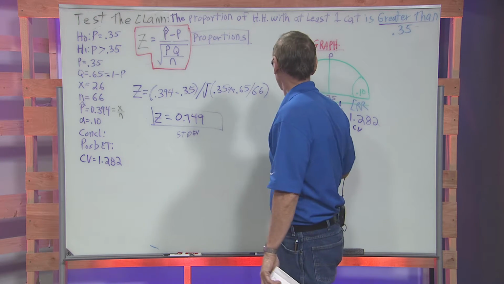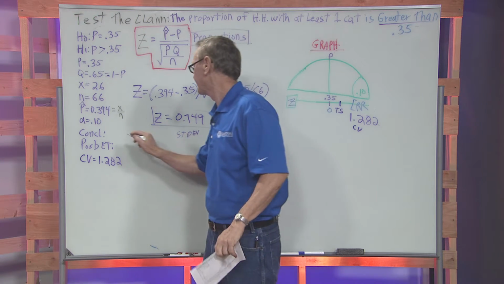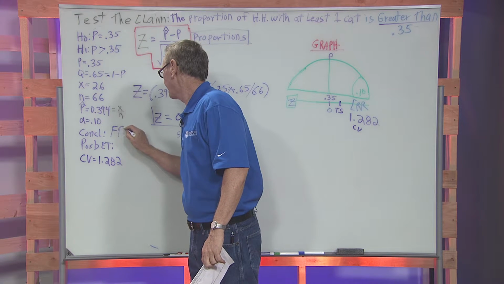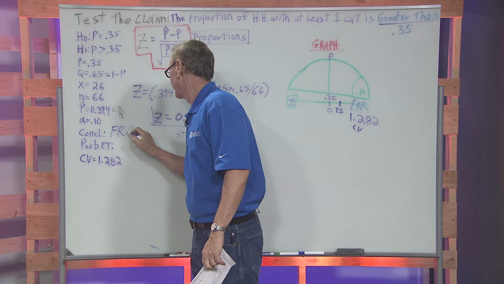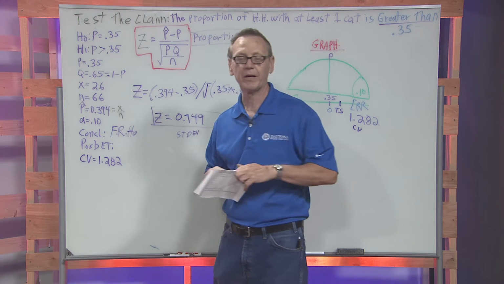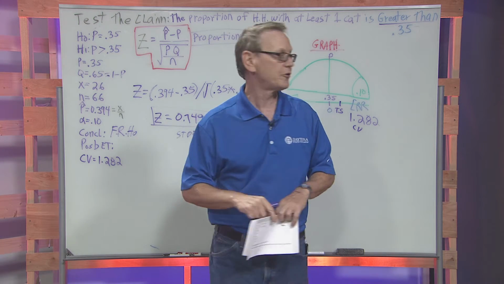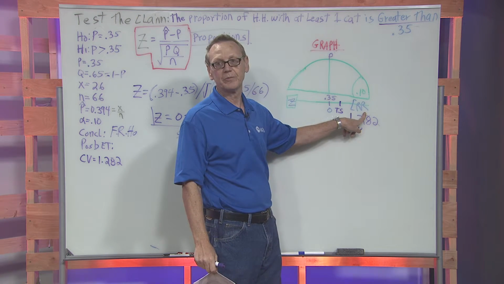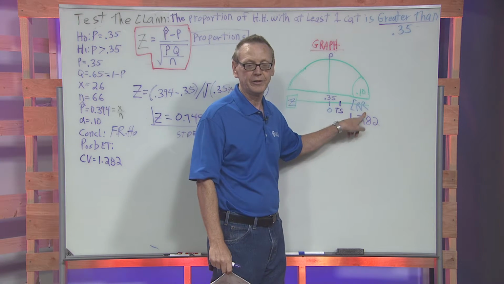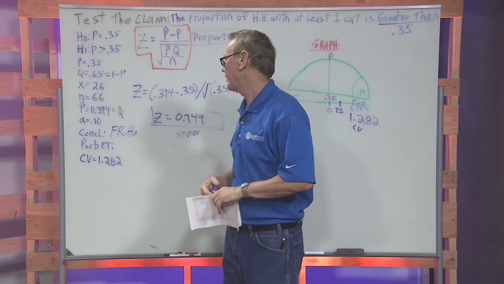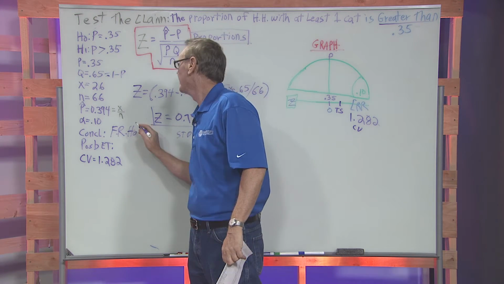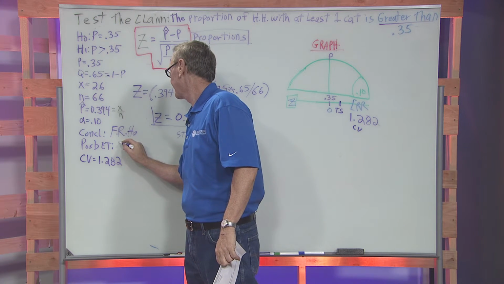Okay, so we are not in the rejection region. So we fail to reject H0. The only other possibility would have been reject H0 if the TS landed in the rejection region. It did not. So we did not reject the null hypothesis.